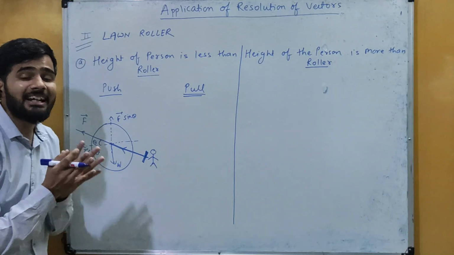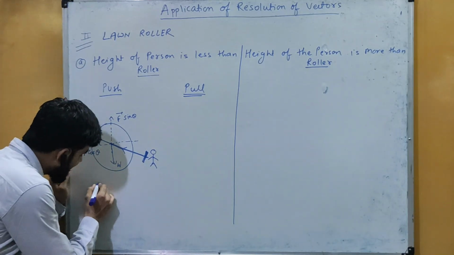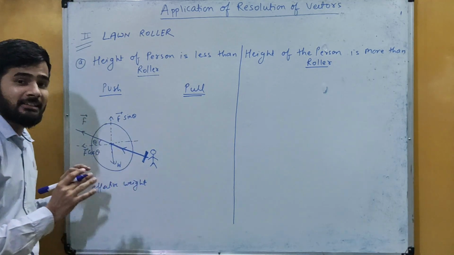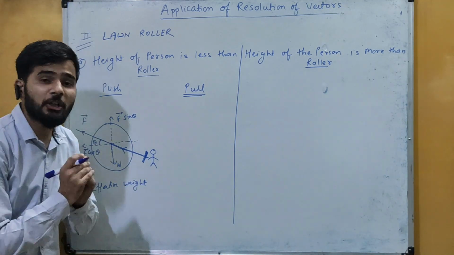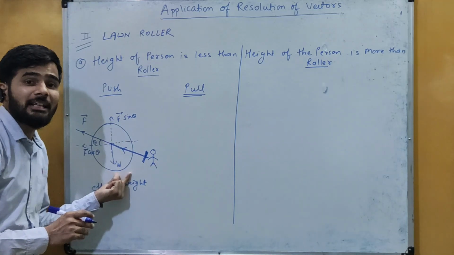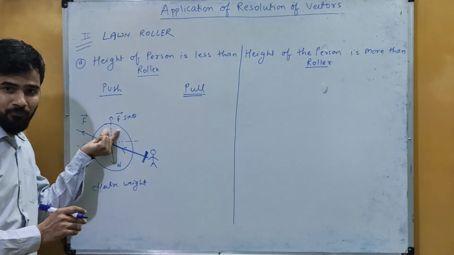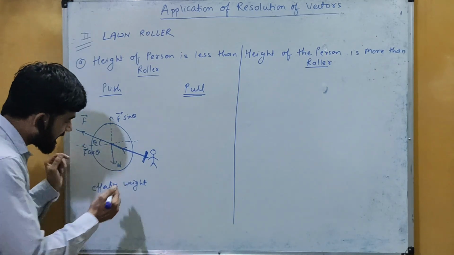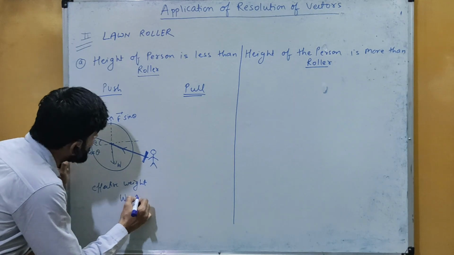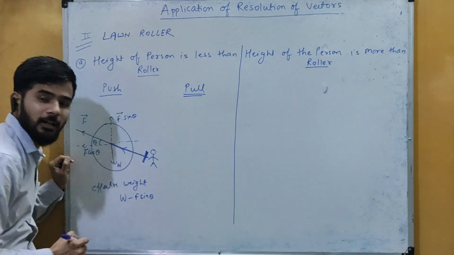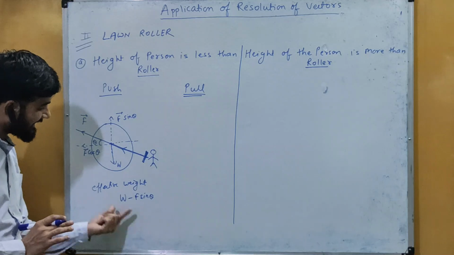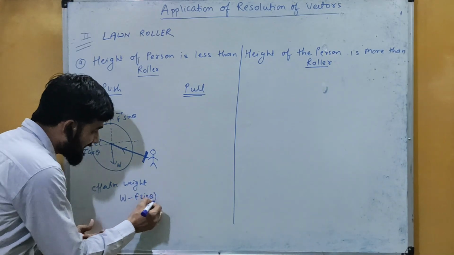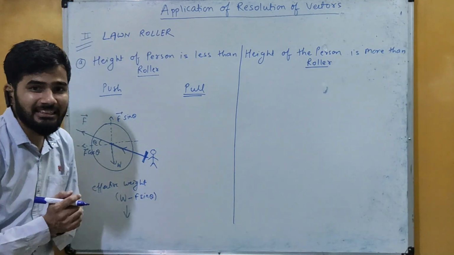So here the resultant weight, or the effective weight, what will it be? Initially, when you were not applying force, the weight was W. But now F sin theta is acting in exactly the opposite direction to weight W. So the effective weight will be W minus F sin theta. Effective weight was W earlier, and afterwards it became W minus F sin theta, meaning this effective weight decreases.